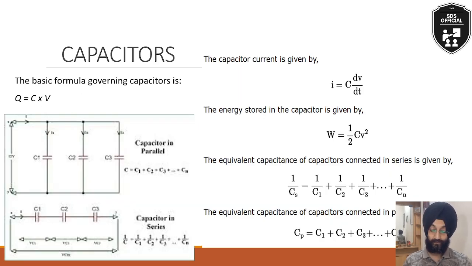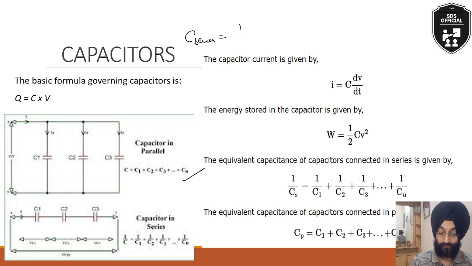So when capacitors are connected in parallel, the formula becomes C is equal to C1 plus C2 plus C3 up to Cn, unlike the inductors and resistors. The series combination of capacitors is 1 by C1 plus 1 by C2.